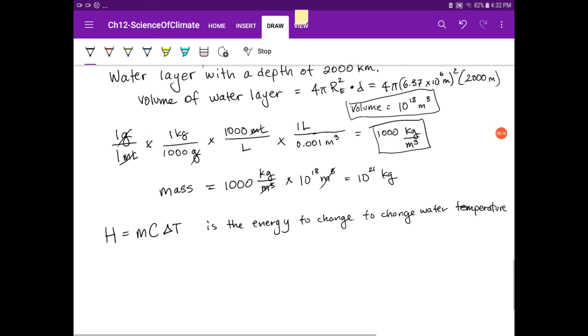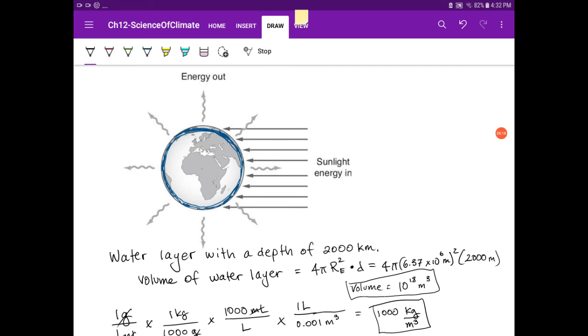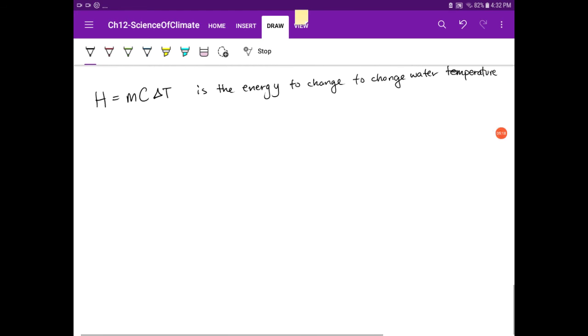So we think back to our model for the sunlight and the blackbody radiation that's leaving. What we know is that we have power coming in from the sun and we have power going out, and so the total power, what we would call the net power, is just the difference between what's coming in and what's going out. That's equal to the energy per time that's striking the Earth and causing the water to warm.